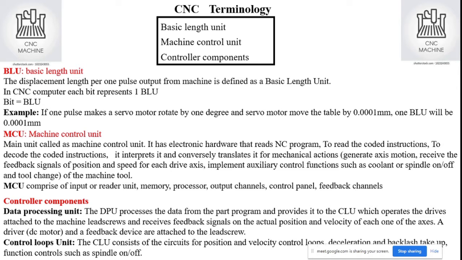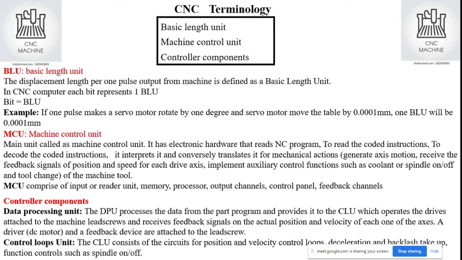So the machine control unit comprises input. Input means we can give the input signal to the machine control unit. The input signals are read by the reader unit. After that, they may go to memory. After the data is memorized, it can be processed by the processor. After that, the machine control unit gives the output signal through the output channel.